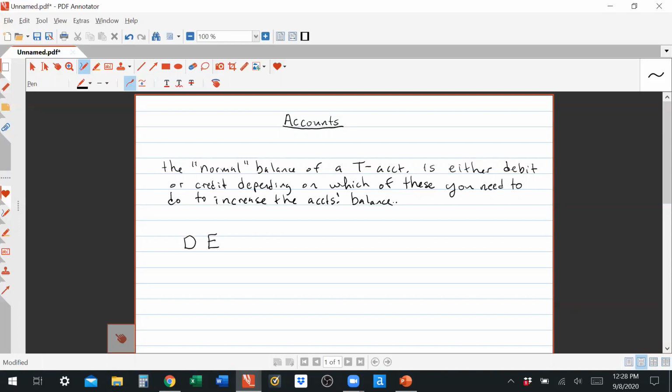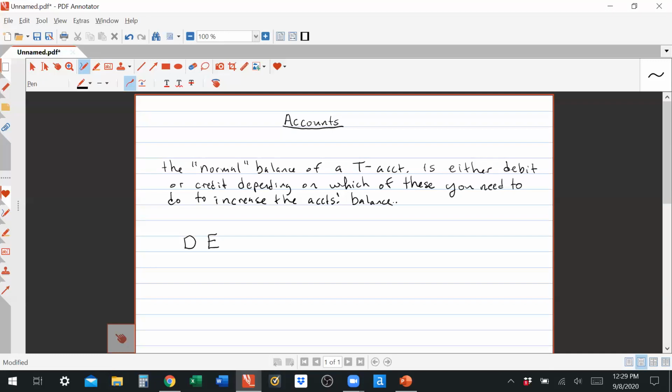If you have to credit an account to increase its balance, then those accounts all have normal credit balances, which means at the end of the period, if you look at the account's balance, it should be a net credit. If you have to debit an account to increase its balance, that means those accounts have normal debit balances.